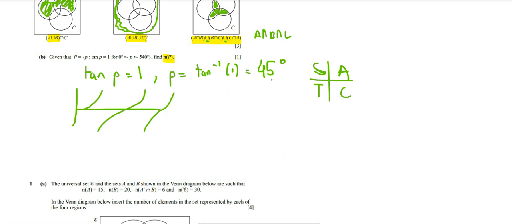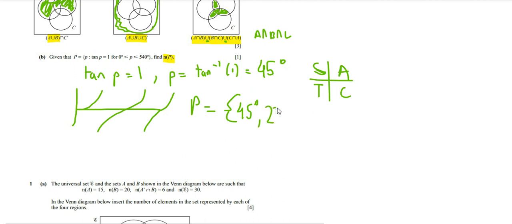So if you want to find the next value between 0 degrees and 540 degrees of tan inverse of 1, then all you have to do is 45 plus 180 gives you 225, right? So that's our next value. Let's go ahead and write down the set of P. So we've got 45 there.